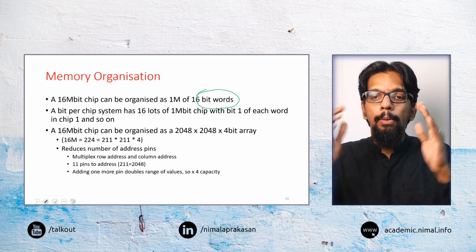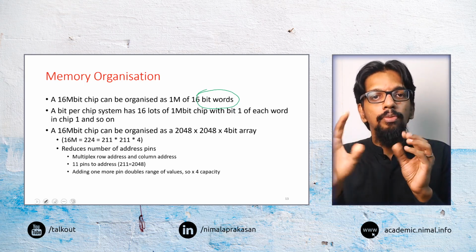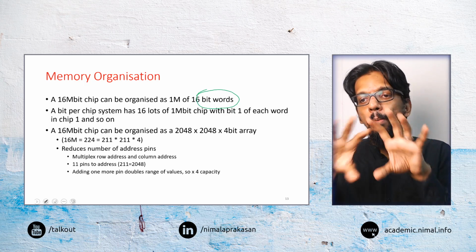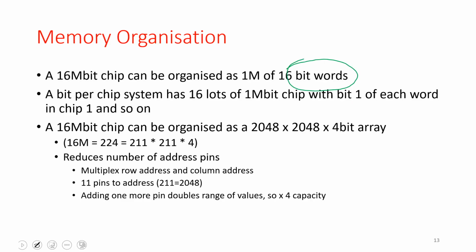So here we are bringing the number of addressable or identifiable memory units down by creating a grouping of bits as bit words. By using bit words, we can reduce the number of memory units that we have.